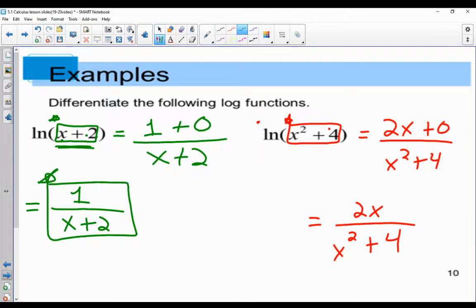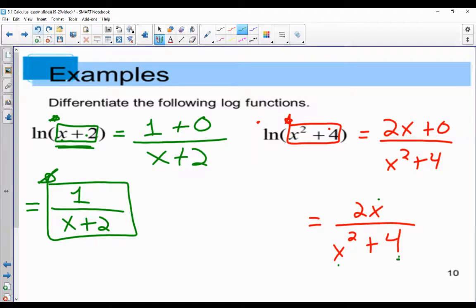Now, some of you are probably tempted to try and cancel out an x from top and bottom. Like, in other words, take an x out from here and just take an x from there. I'm going to tell you for this particular example, you can't do that. The reason why is because of this 4.